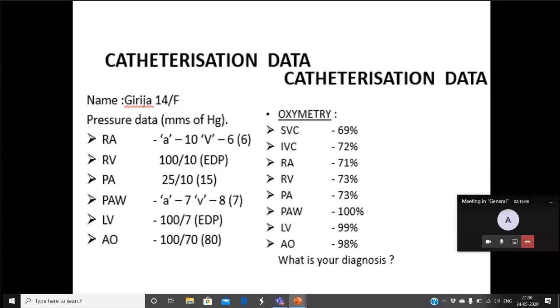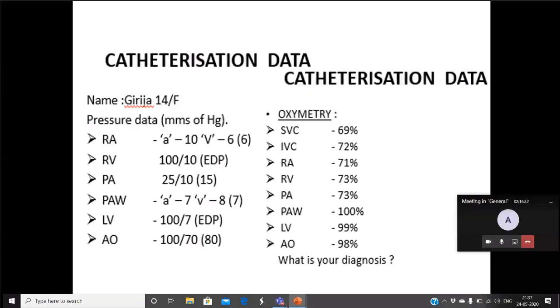So the diagnosis is more likely a large non-restrictive VSD with PS. Why did you say VSD with PS?